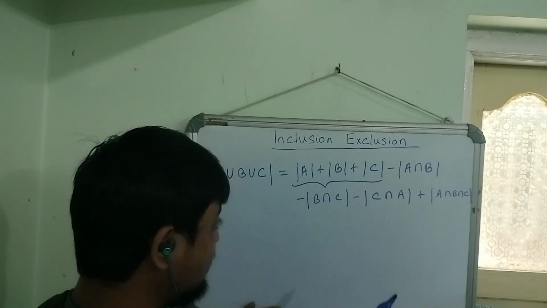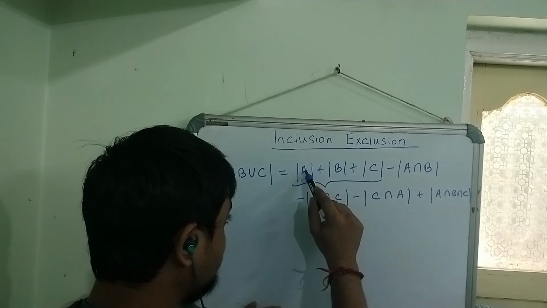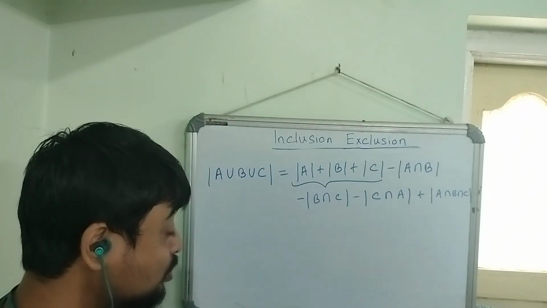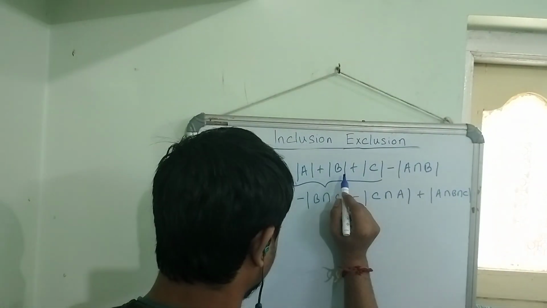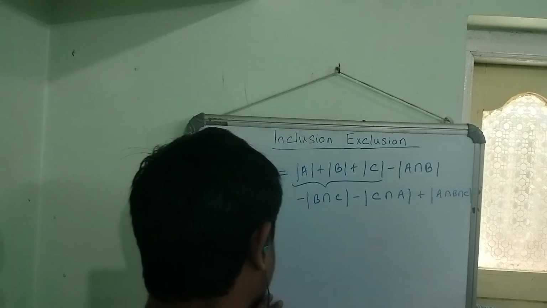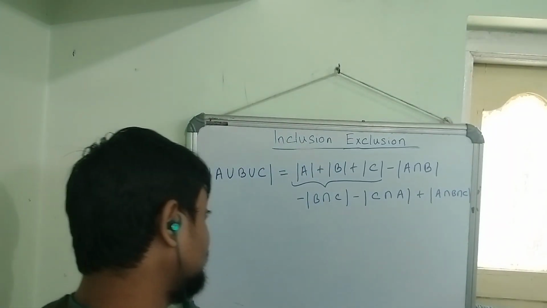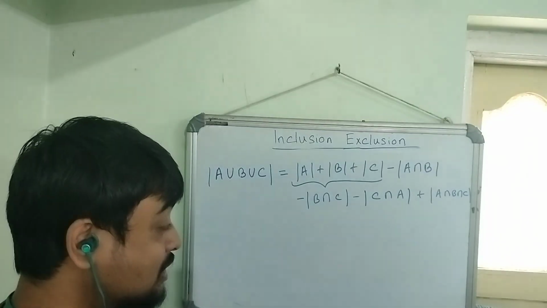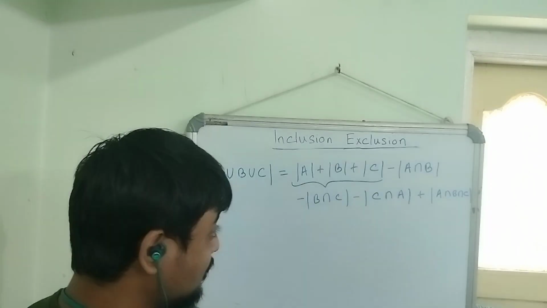If it is present only in A, it is counted only here and nowhere else because it is not present in the others, only in A. Those which are present only in B are counted here once and nowhere else. No reduction, only here. And those which are present only in C are similarly counted here only. And what about those which are present in both A and B, but not in C?